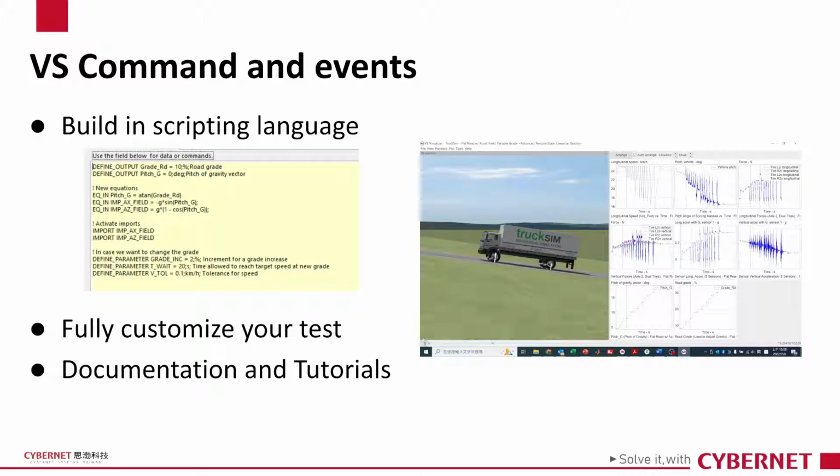This is not built in. We could use VS Command to design our own testing scenarios. Documentation is included in CarSim's reference manuals so that you can easily learn how to use VS Command. We also have online videos on YouTube to show you how to script VS Command.